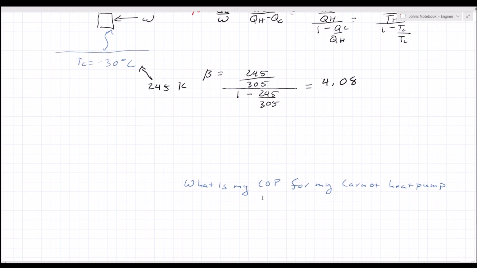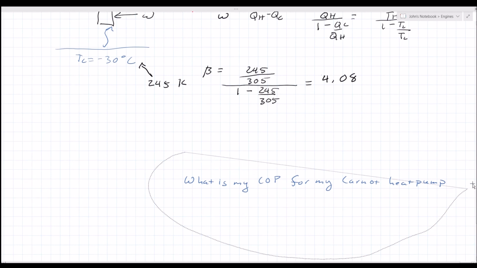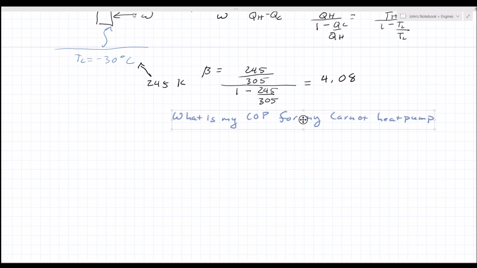Now, what about my coefficient of performance for my Carnot heat pump? Well, it will change because I am no longer analyzing how much heat I remove from my lower body. I'm analyzing how much heat I give off to my higher body.